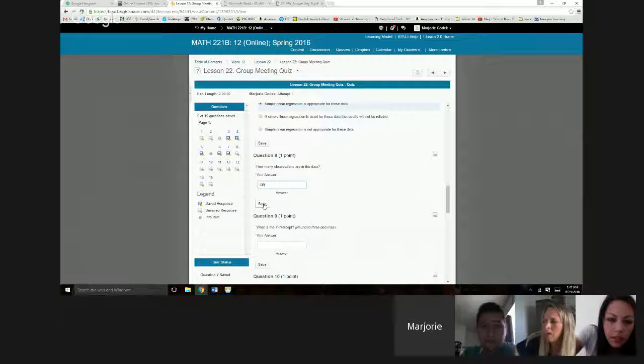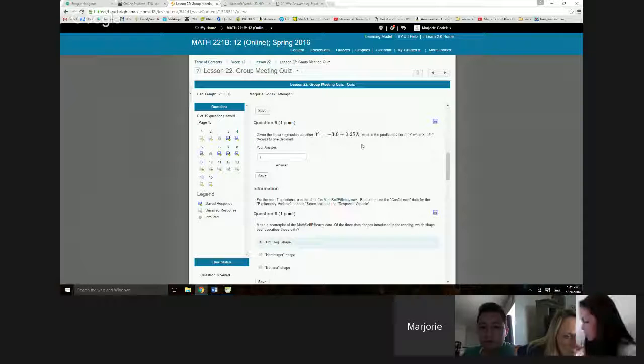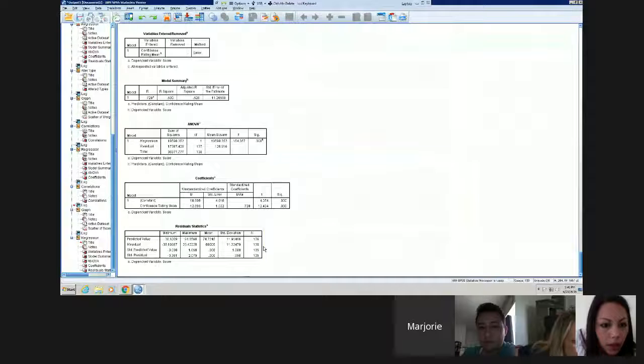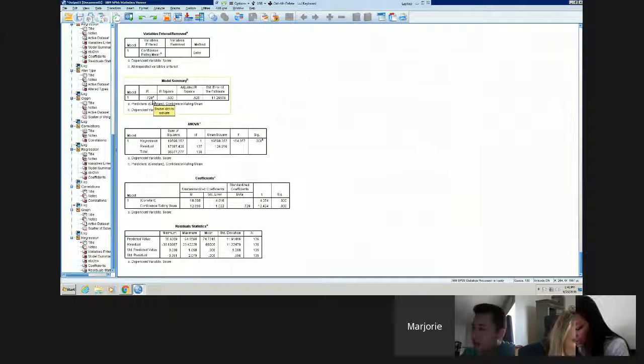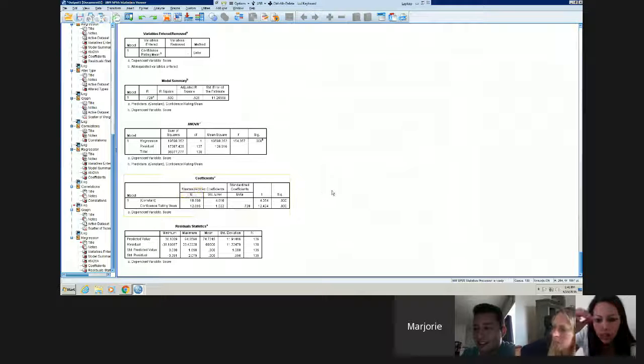What is the y-intercept? It's the coefficient thing on the bottom of your SPSS. Coefficient. The y-intercept is first, the constant.